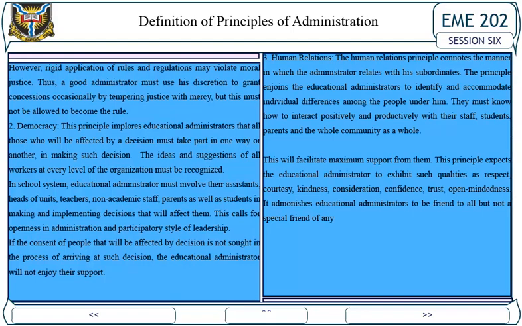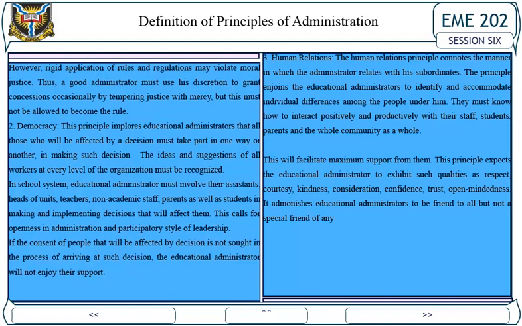This calls for openness in administration and participatory style of leadership. If the consent of people that will be affected by a decision is not sought in the process of arriving at such decision, the educational administrator will not enjoy their support.